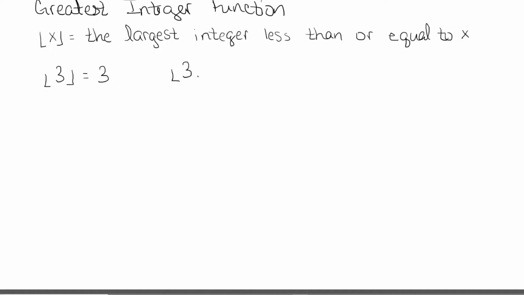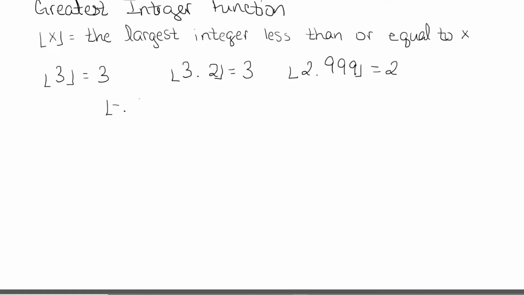If I wanted to look at something like 3.2, I want an integer that's less than or equal to 3.2, but it's the largest possible, which is 3. If we had something like 2.999, the largest integer that's less than or equal to this would be 2.